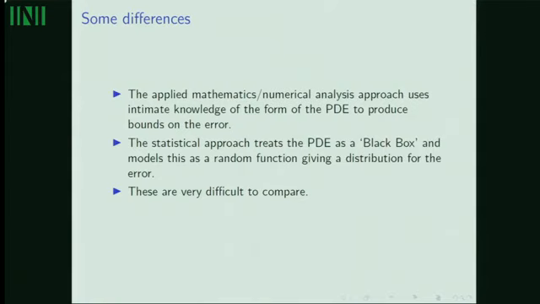So some of those differences, the applied maths numerical analysis approach uses intimate knowledge of the form of the PDE. Really gets into the mathematics of what that partial differential equation looks like to produce bounds on the error. So you get a bound.